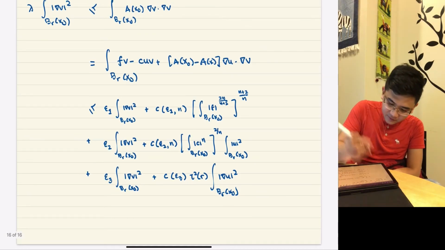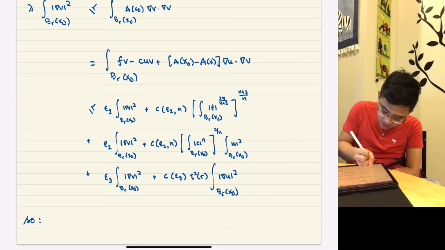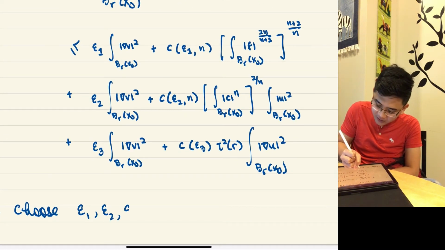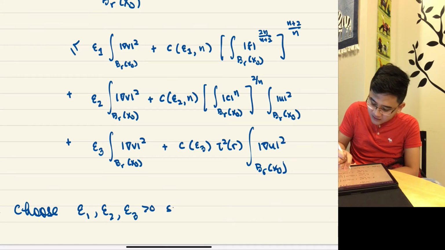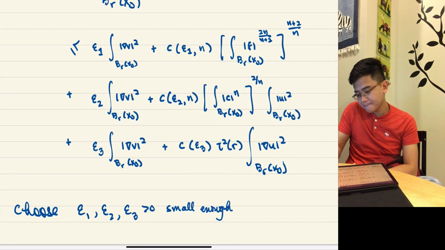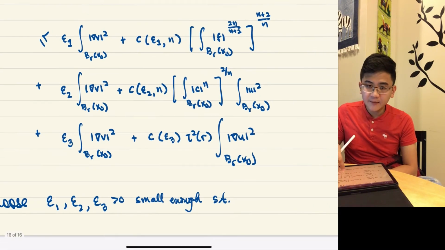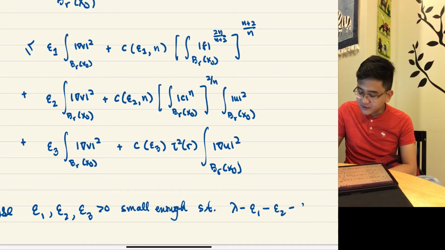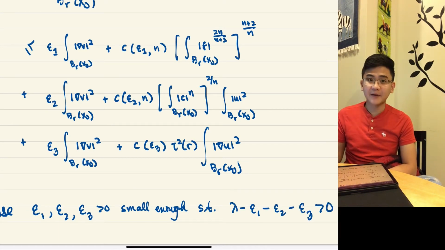So let's just note that. You choose epsilon 1, 2, and 3 to be small enough such that lambda minus epsilon 1 minus epsilon 2 minus epsilon 3 is positive.